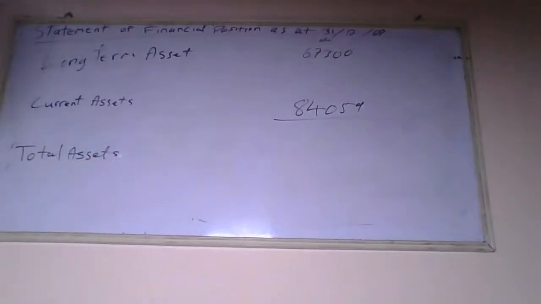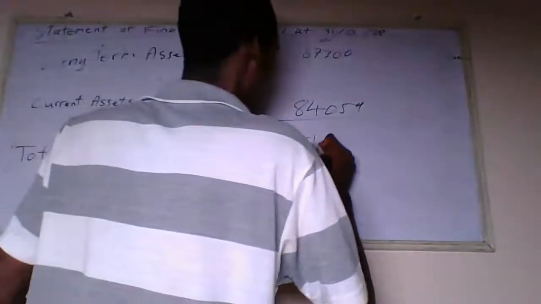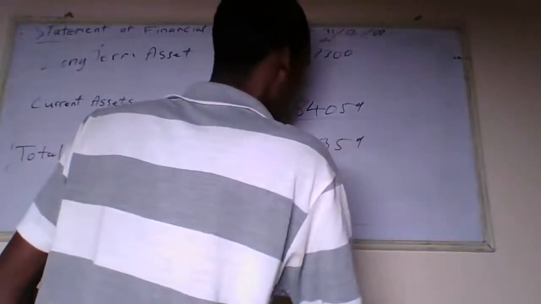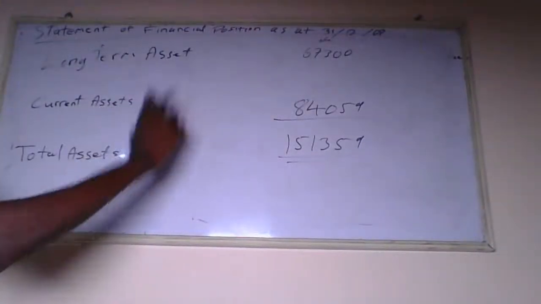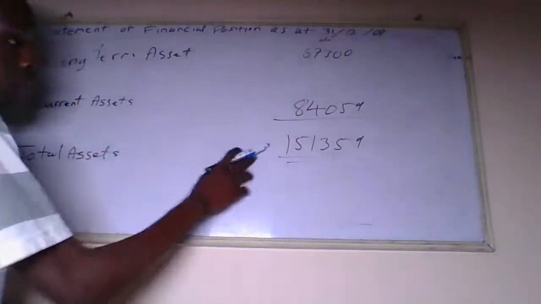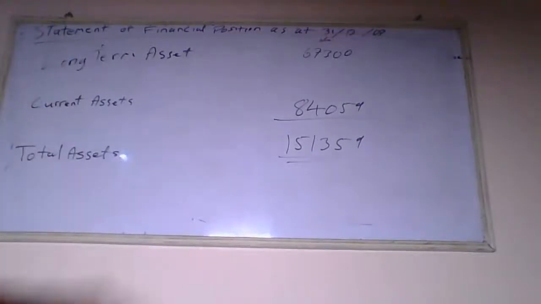So you're going to add the two figures. This is the first part of the balance sheet. So when we're done with our capital and liabilities, the final answer must also be 151,359. That should be the final answer we're getting.